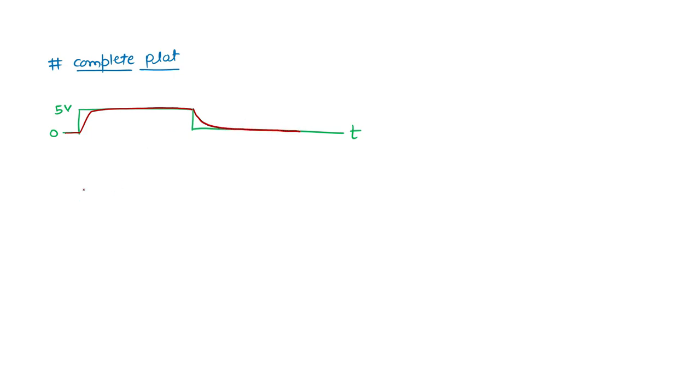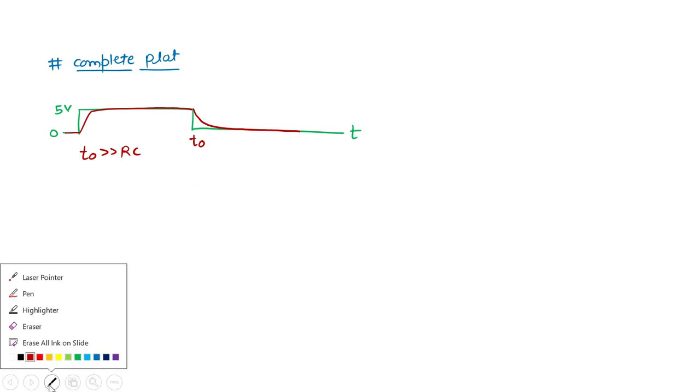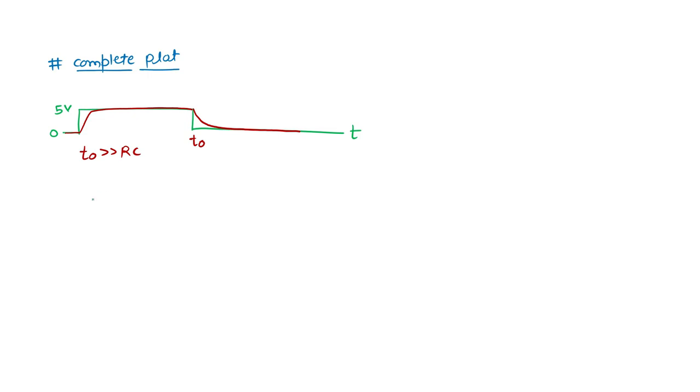So simply this is happening here. It is happening for T naught much greater than your RC. Okay, so this is my T naught instant. So it is happening like this. Yes. So now if I am reducing this T naught, let's say we just want to look from this graph only, what will happen?